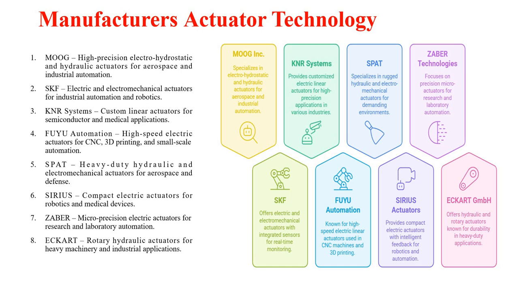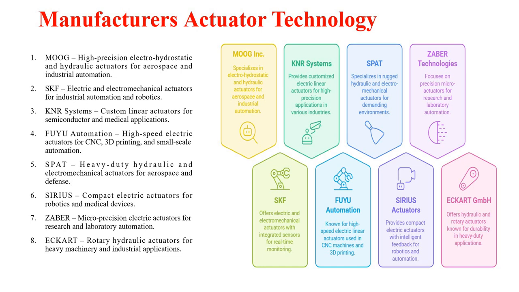Then you have SPAT, that is Specialized Precision Actuation Technology. They produce hydraulic and electromechanical actuators which can be used in aerospace, defense, marine and industrial applications. Then you have series actuators, which produce electric and electromechanical actuators used in industries like robotics, medical devices, automation systems. And seventh is Zaber.